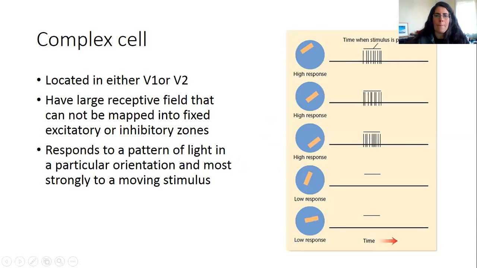Okay, complex cells. Complex cells are located in V1 or V2. V2 is the secondary processing area. And again, they're responsive to bars of light in a particular orientation, but they respond most strongly to moving stimuli.